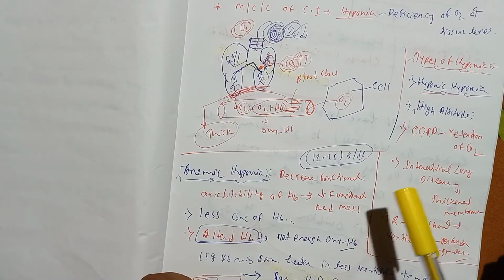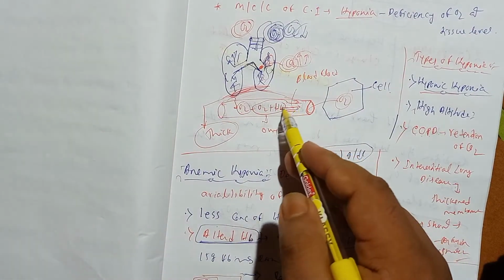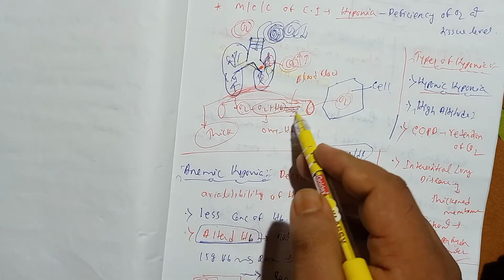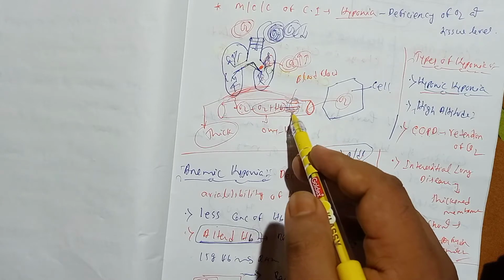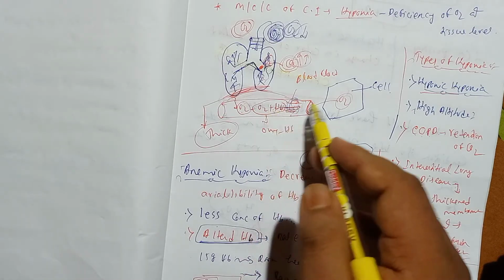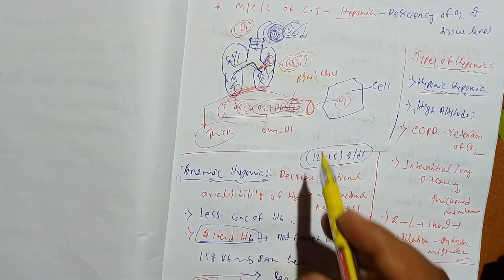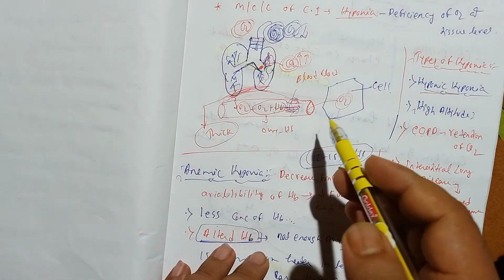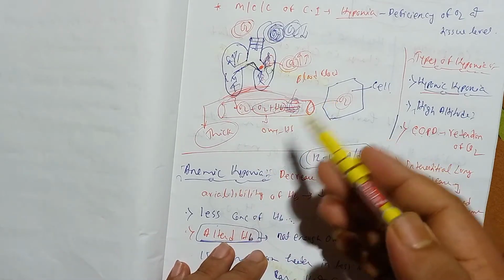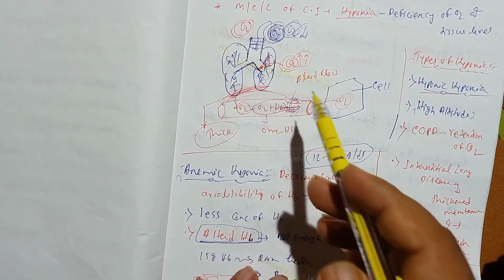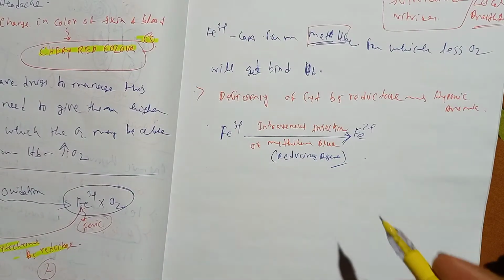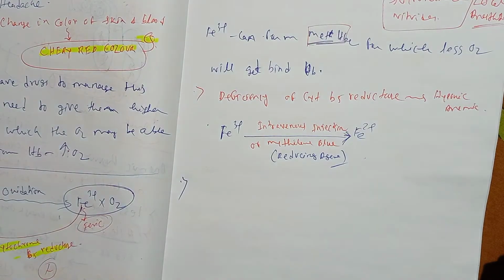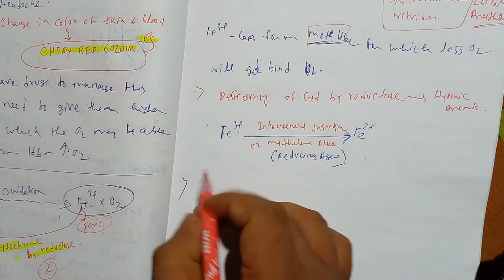We already discussed it. Then, if there is any problem in the flow of the oxygen and hemoglobin together through the blood vessels, we can have this type of hypoxia, called hypoxia due to reduction in blood flow.